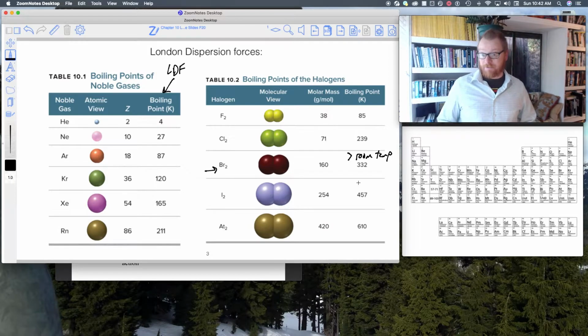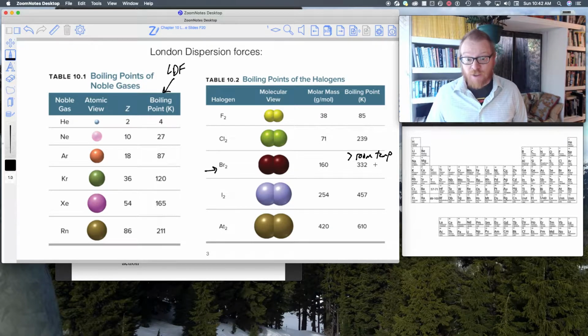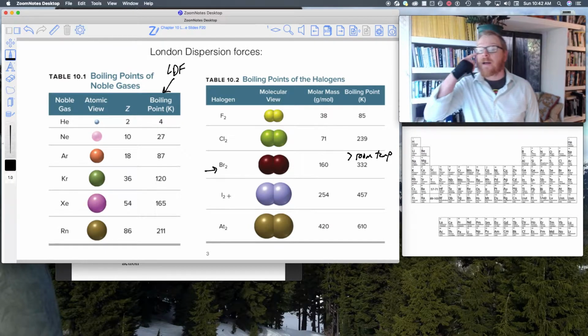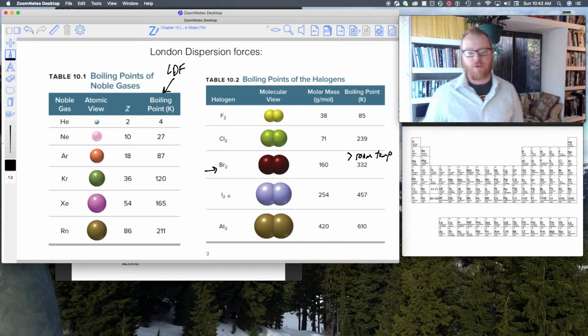than room temp. So Br2, I don't know if you knew this or not, but bromine is a liquid at room temperature. And 332 Kelvin, that's a really large boiling point for a nonpolar molecule. And then if you go to iodine, iodine is actually a solid at room temperature. It has such strong London dispersion forces, okay?